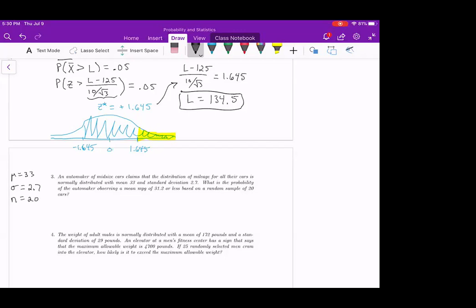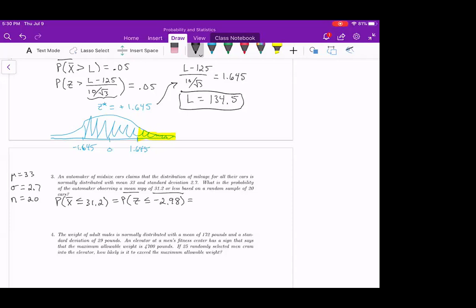And what I want to know is, what is the probability of the automaker observing a mean less than or equal to this value? So I want the probability that X bar is less than or equal to 31.2. When you convert this to a z-score, it comes out to negative 2.98.